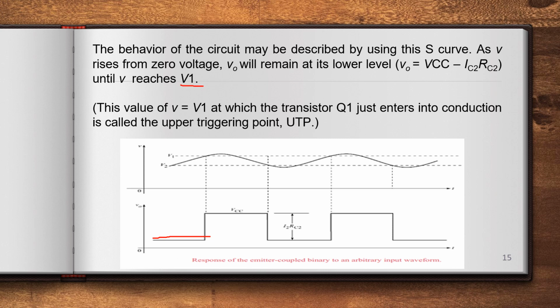This value of input voltage V1, at which transistor Q1 just enters into conduction, is called the upper trigger point, UTP. UTP is equivalent to V gamma 1 of transistor Q1 plus the drop across RE. That value of input voltage brings the transistor Q1 into conduction state, and that value is called the upper trigger point.